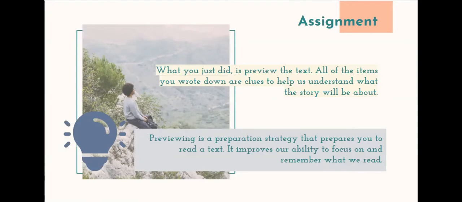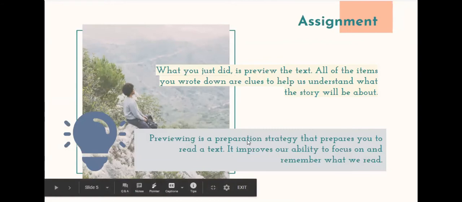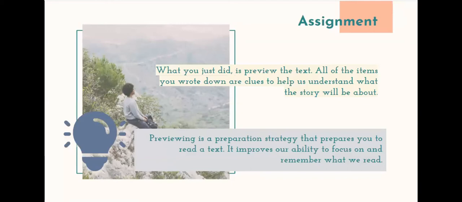All of the items that you wrote down are clues to help us understand what this story is going to be about. So previewing is preparing you to read. It's preparing you to understand and remember the things that you are going to read. It improves your ability to focus on and remember what you read.